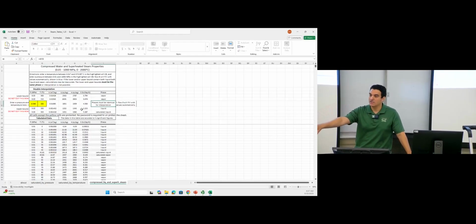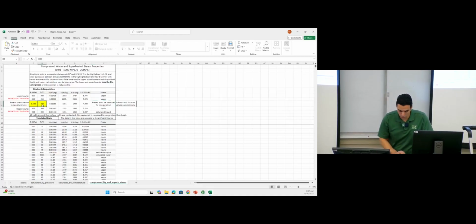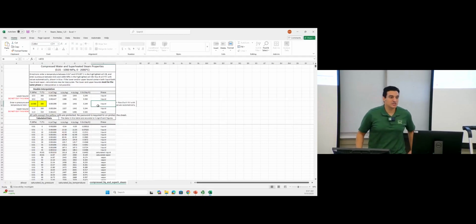So here I have saturated liquid and saturated vapor at the same time. But it can also tell you if I have vapor, or if I have liquid. So you can use this Excel sheet. This can do everything that we are trying to do with the steam tables.